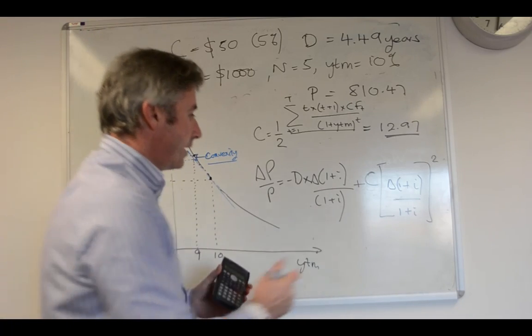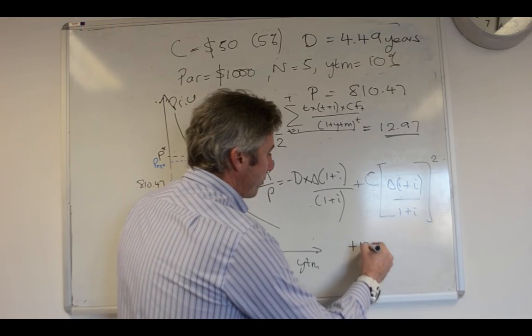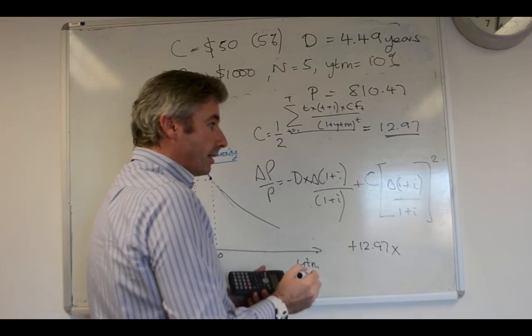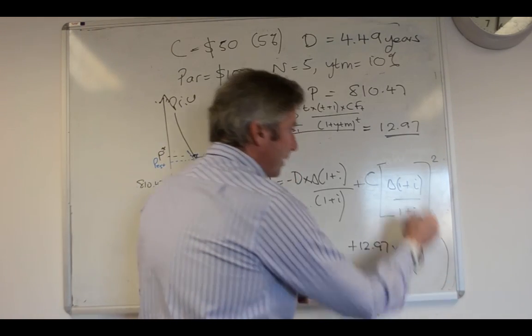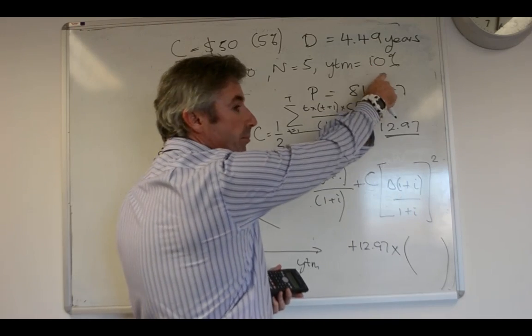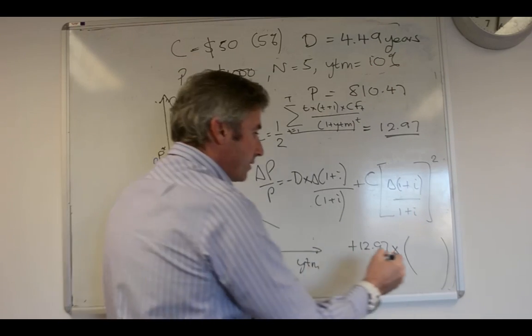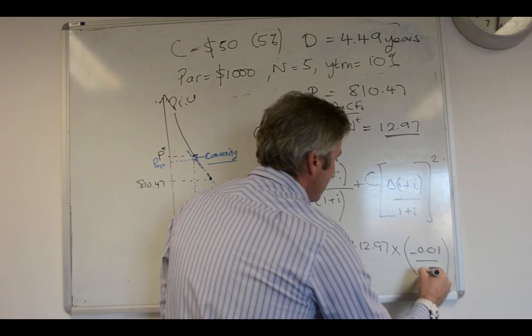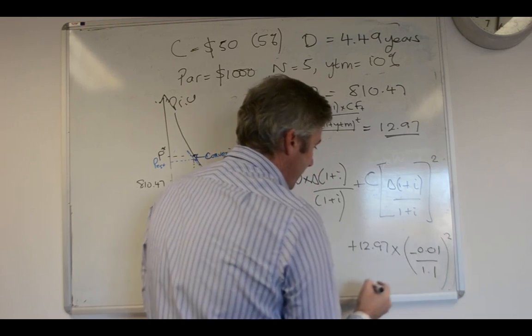So of course the convexity is 12.97. The delta 1 plus i, well, that's our change in interest rates. It was 10%, it's going down to 9%, so that's minus 0.01 divided by 1.1. But of course this is all squared.